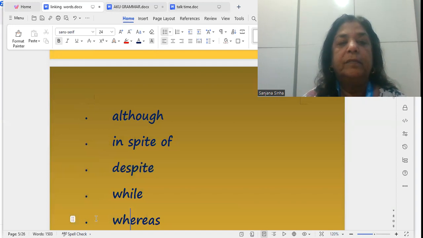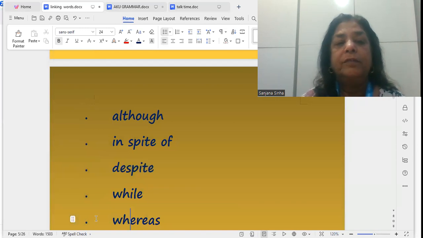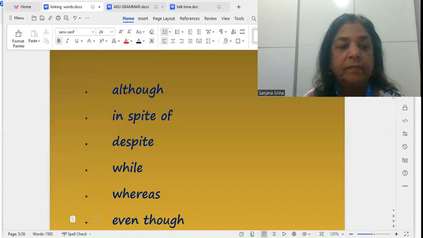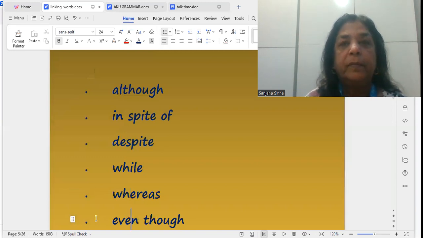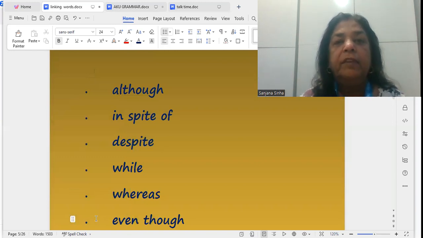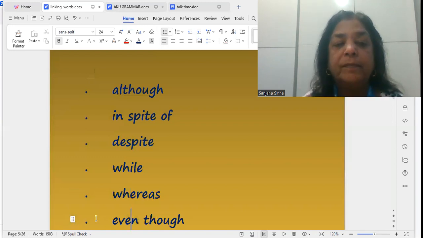While her sister was planning for the picnic, her brother was checking on the guest list. Whereas in Hindi means jabki. We wanted to go to the movie, whereas my friends wanted to stay home and enjoy the movie at home.